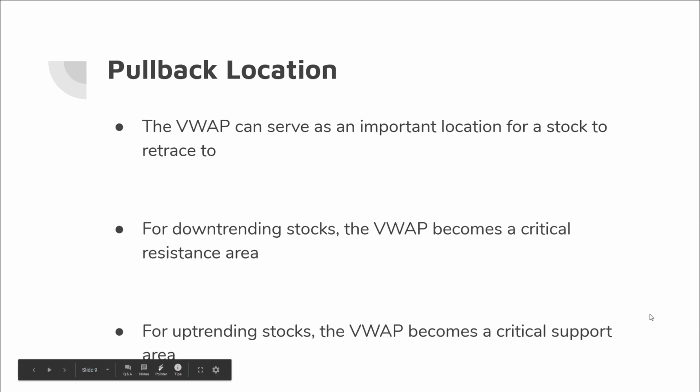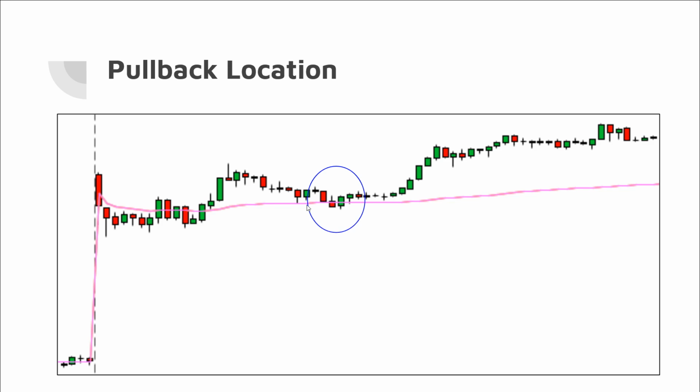But notice how we have to establish first, for downtrending stocks and for uptrending stocks, when we should consider it support or resistance. That's the part you don't want to oversimplify, that just because it broke below the VWAP that it's a good short, because we're looking at this as support for an uptrending stock, and that's going to come first.